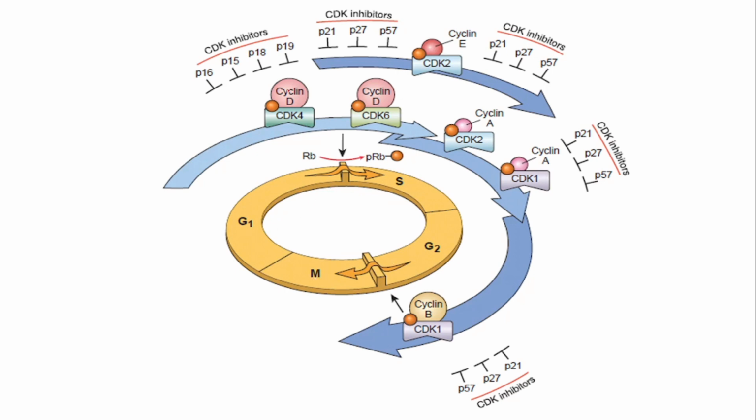Cyclin D with cyclin dependent kinases 4, 6, and 2 will regulate this G1S transition by phosphorylation of this RB protein, whereas the S phase is regulated by cyclin dependent kinase 2 and cyclin A, and cyclin B and cyclin dependent kinase 1 will regulate the G2M transition.